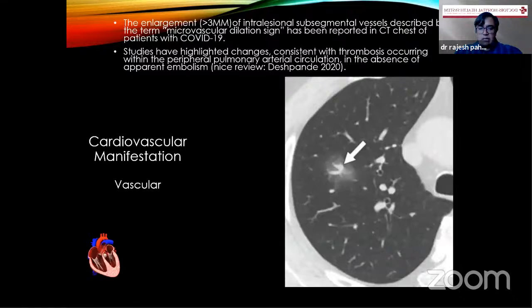And then there is this dilatation of the central vessel. When it's more than 3 centimeter, we call it microvascular dilatation sign. So in one of the studies, they described that it's possible that this sign is because of the thrombosis occurring in the peripheral pulmonary artery circulation in the absence of apparent embolism.